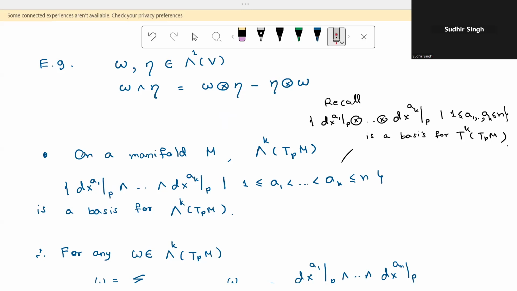But if we look at the space of totally antisymmetric K tensors, which is a subspace of this, then it can be shown that this set is a basis for the subspace. It is the wedge product of K covectors.